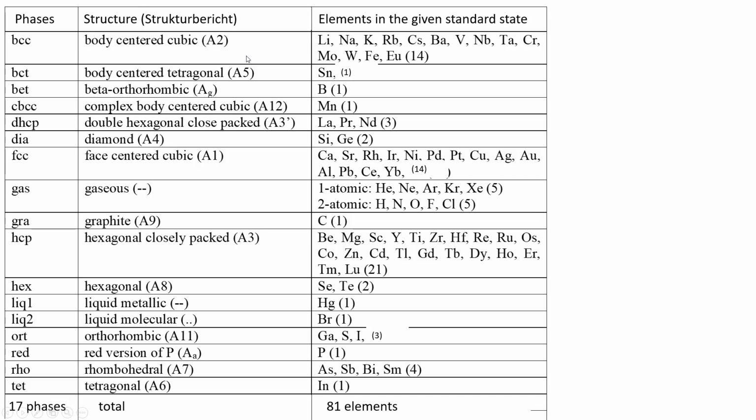In the beginning of the 20th century they also designed these A2, A5, etc. symbols for different crystal lattices. And so in the English-speaking CALPHAD literature, we frequently see that a phase is given not just as BCC, but rather as BCC A2, to make sure there is no misunderstanding.